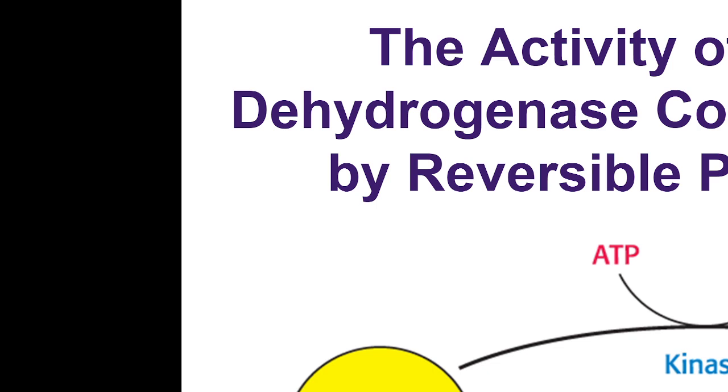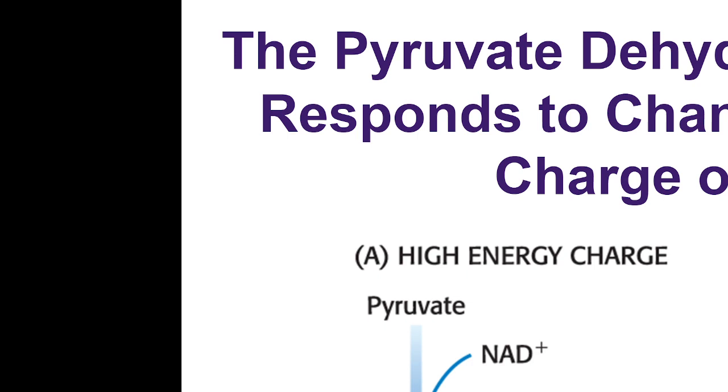The phosphatase is the one that, remember, phosphatases are different than kinases, because kinases transfer phosphate from ATP onto something, leaving ADP, and phosphatases are going to take the phosphate and cleave it using a water. So this is going to give you the active PDH, when you cleave the phosphate off. You dephosphorylate it.